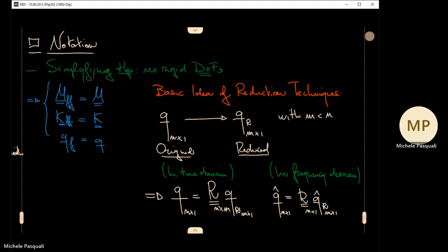What are these? Fourier transform signs. We pass from the time to the frequency domain via Fourier transform. Okay, so we write it either in the frequency or in the time domain. Typically, we use the frequency domain.